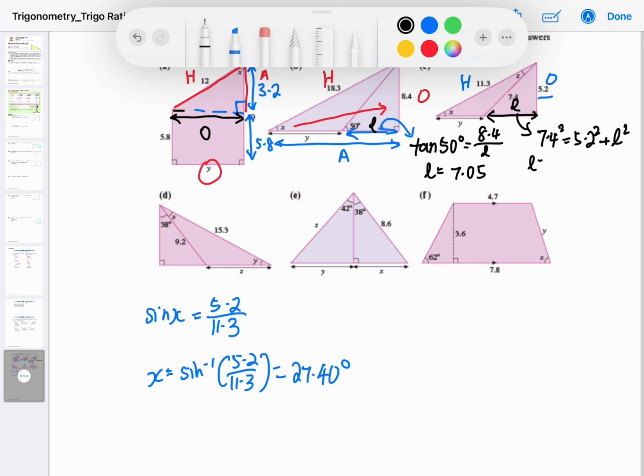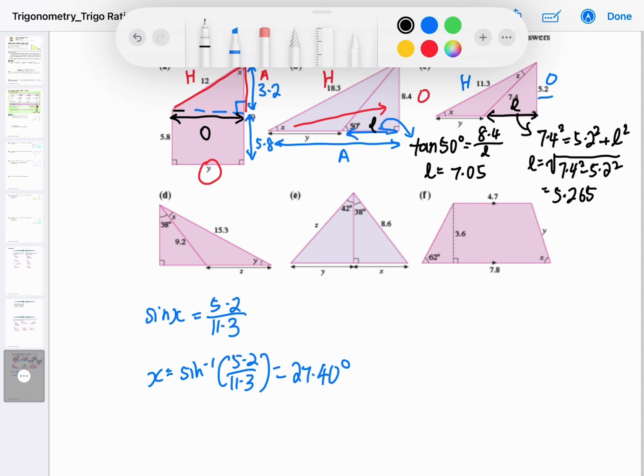So L equals square root of 7.4 squared minus 5.2 squared, which is 5.265 to 4 SF.